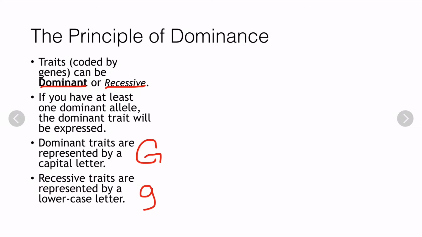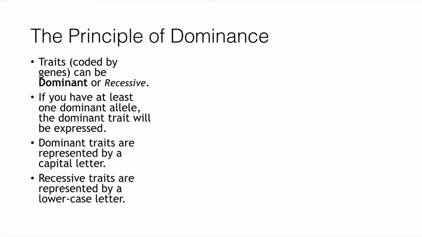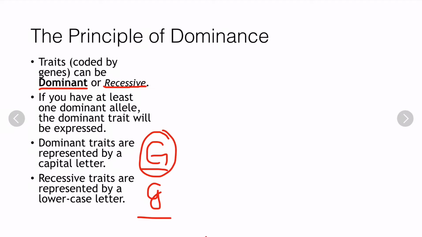The principle of dominance says that traits can be either dominant or recessive, and if you have at least one dominant allele, then the dominant trait will be expressed.